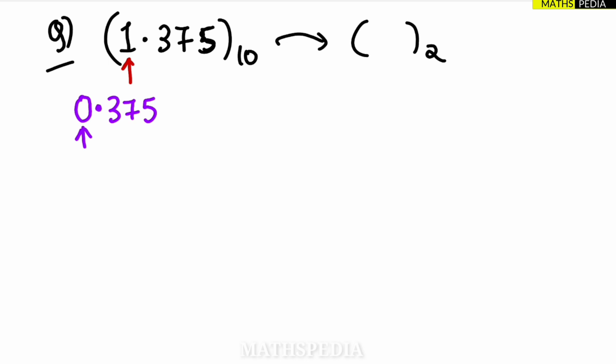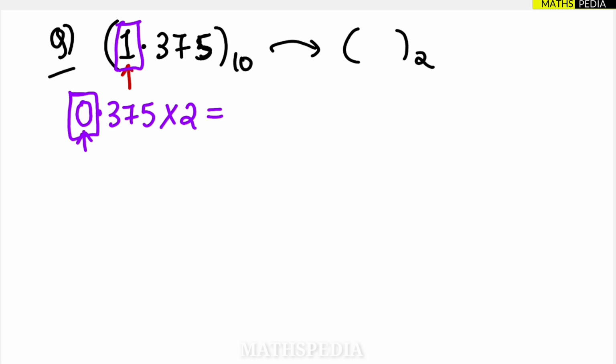Always take only the 0 point part, whether it is given as 2.375, 3.775, whatever. This is the important point. Here the question is 1 point something, and if it is 2 point also, you still have to take 0 point. Multiply with 2, we get 0.75, and we can directly write carry as 0.